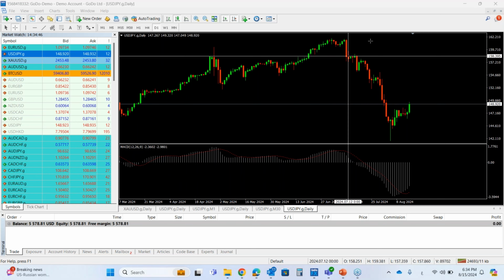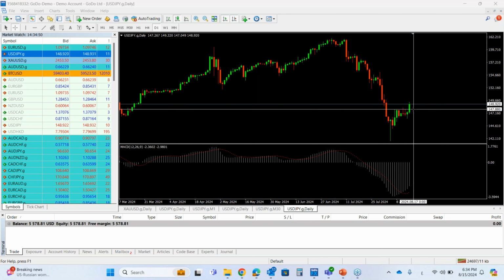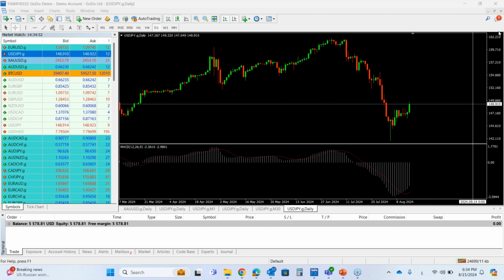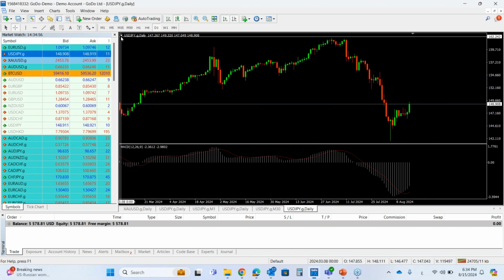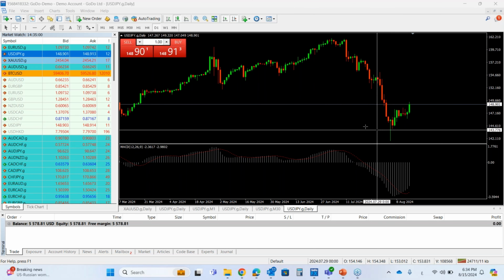So the main trend right now, for a very long time, should be a downtrend, okay? Even if you want to buy this pair, the dollar against the yen, you should know that the big trend is a downtrend.